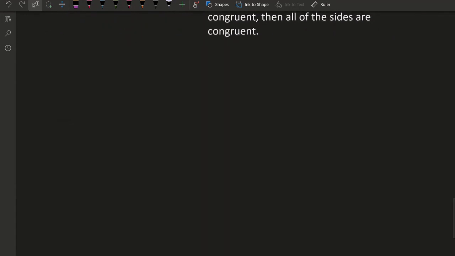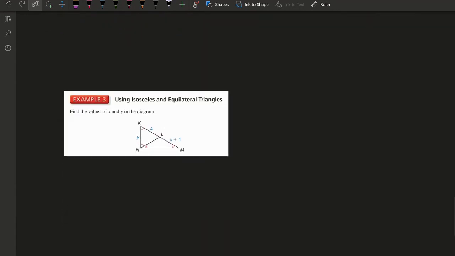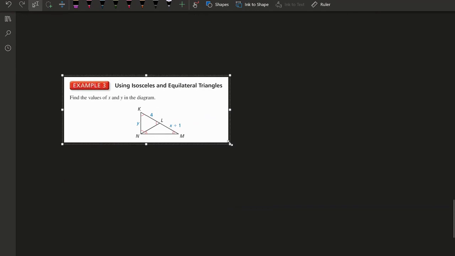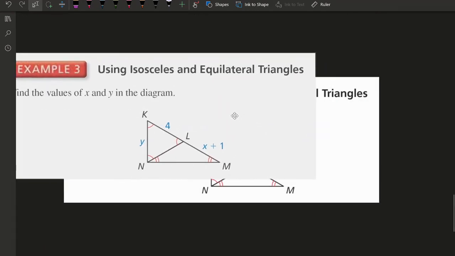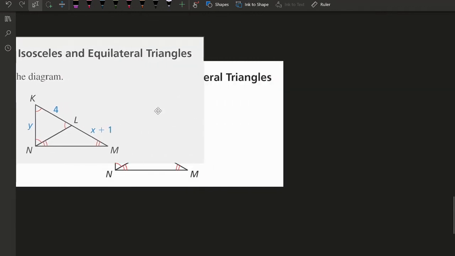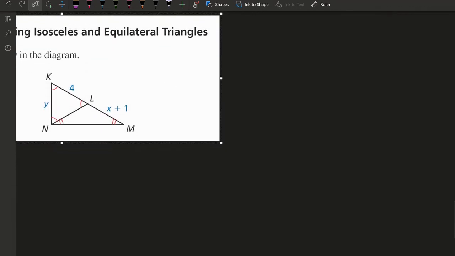So let me show you how this works. So using isosceles and equilateral triangles, we're going to find the value of x and y in this diagram. So what I would do here is I'm going to look at this triangle right here with y on it, I see that all three sides are the same.